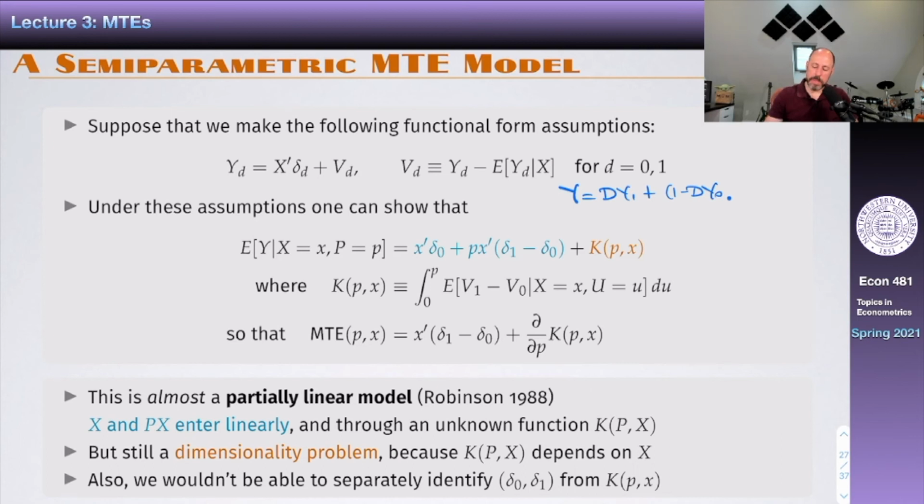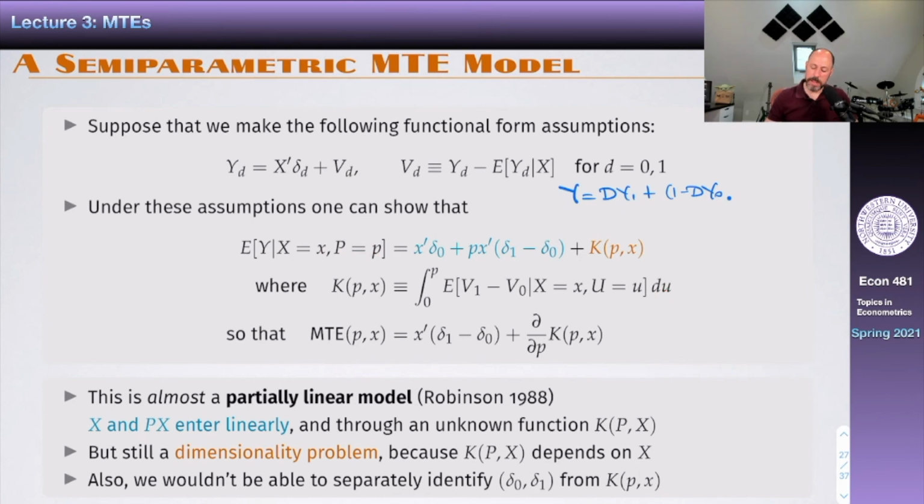And so when you take the expected value of the observed y, conditional on x and on the propensity score, you work it out using this expression over here, and you get x delta 0 plus p x (delta 1 minus delta 0) plus this function k of p and x, where k is just the integral from 0 to p of the expected value of b1 minus b0, these are the b's over here, conditional on x equal to little x and u equal to little u, which comes from this condition du.